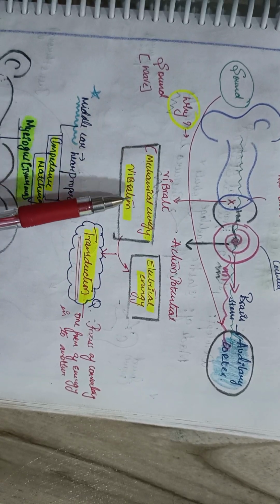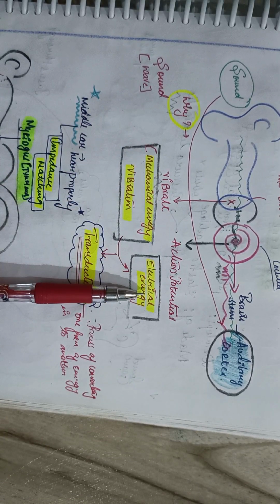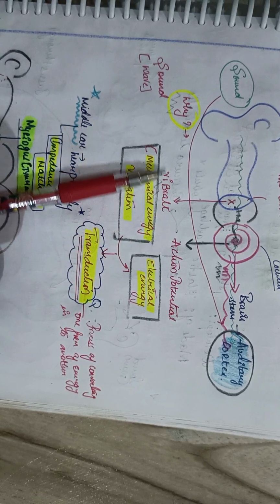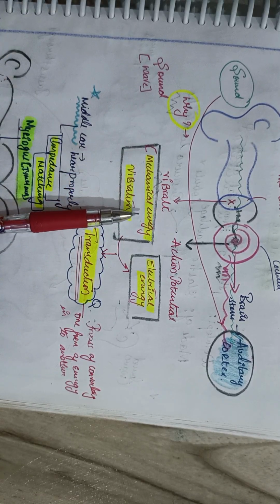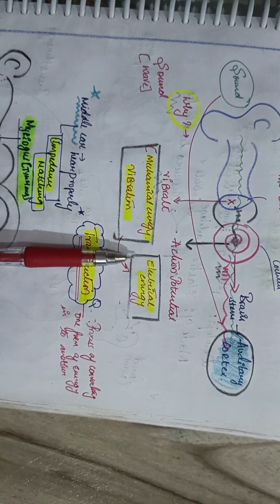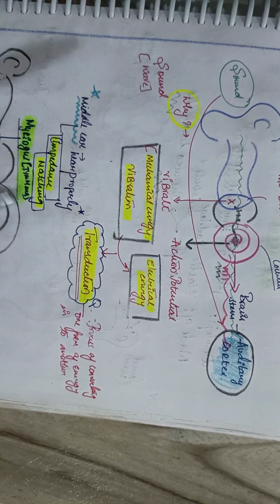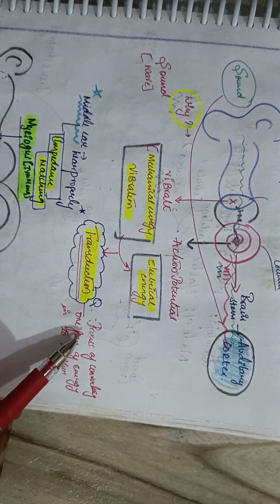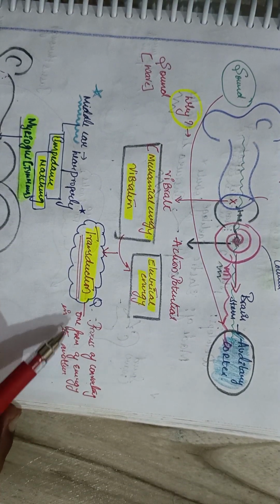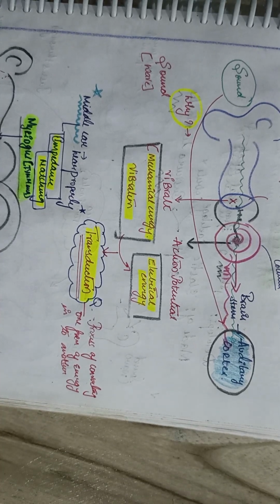The mechanical energy is converted into electrical energy, and this change is called transduction. That's the first point, and this is the definition of transduction: a process of converting one form of energy into another form. It's very simple now, right?